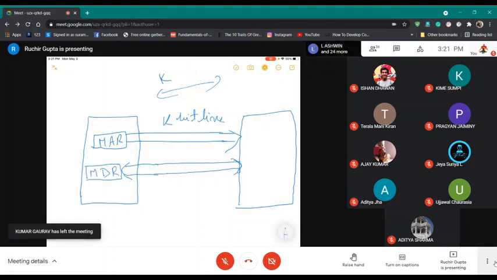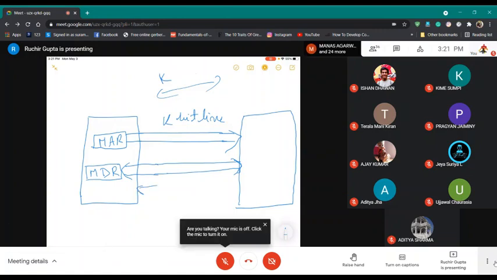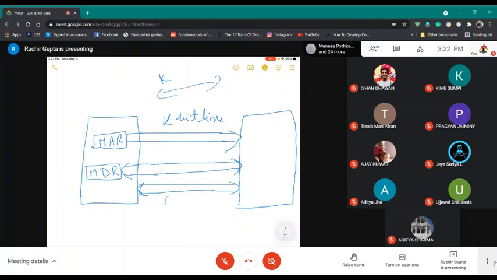And then there will be a few control lines, like read and write.